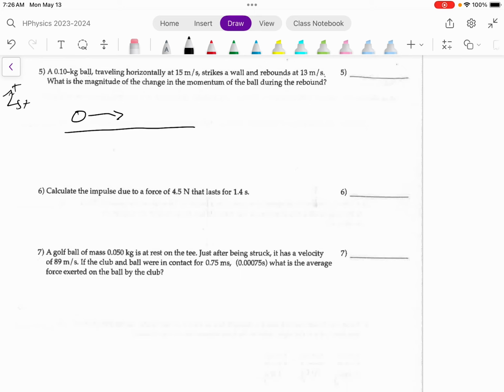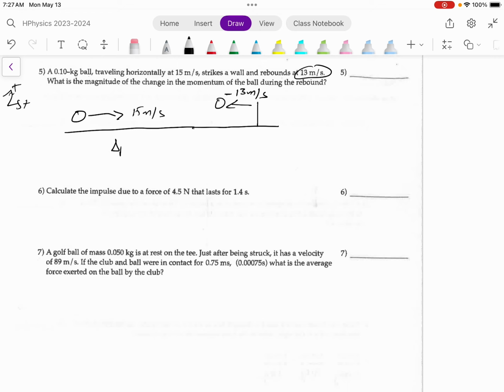This is traveling at 15 meters per second. It's going to hit a wall, and after it hits the wall, it's going to rebound at a velocity of 13 meters per second, but it's negative 13 meters per second if you assume that the left is negative.